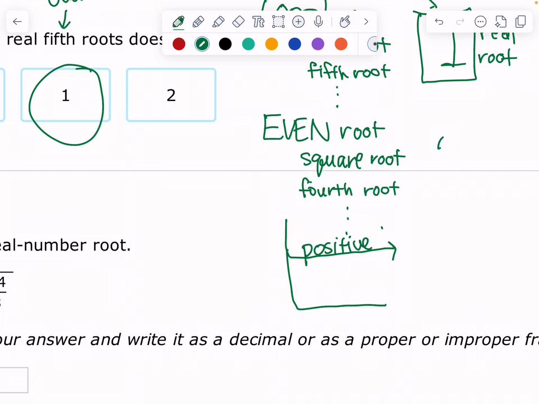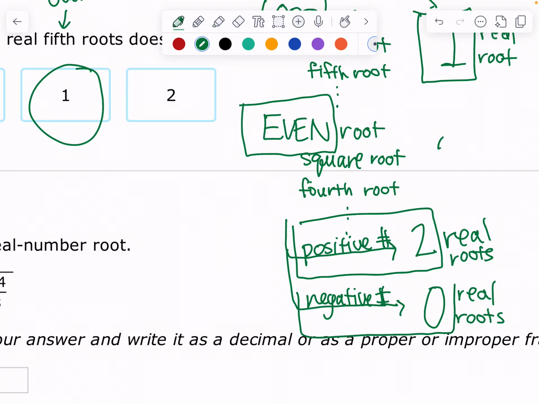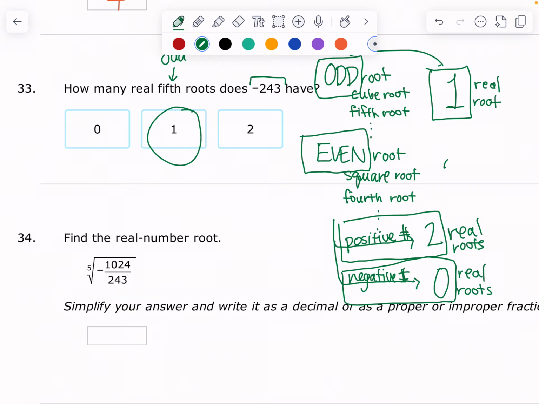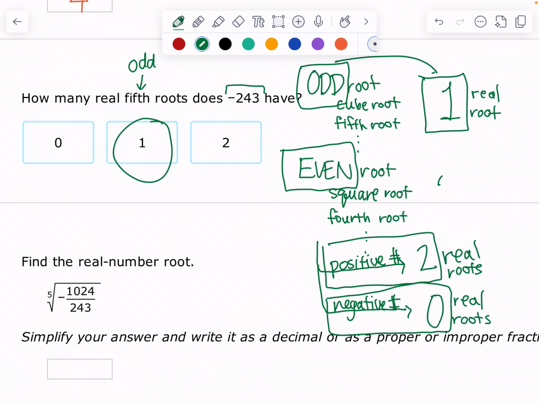If the number inside the root is a positive number, there's going to be 2 real roots. And if it's a negative number, there's going to be 0 real roots. So we have, if it's even, you have 2 choices. If it's positive, there are 2. If it's negative, there are none. So that's a good thing to have. Good notes to have.